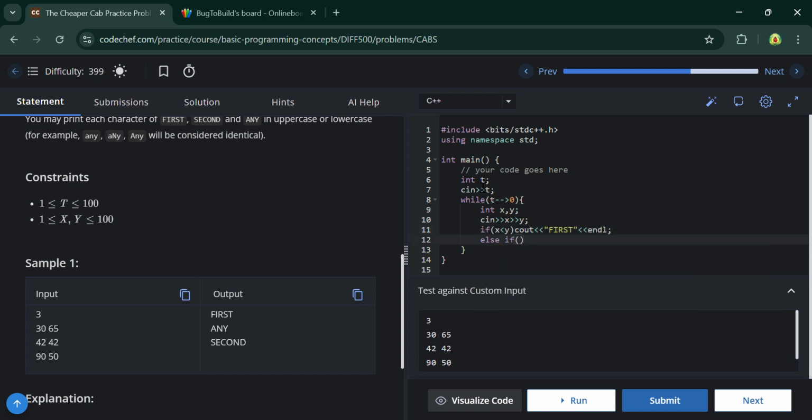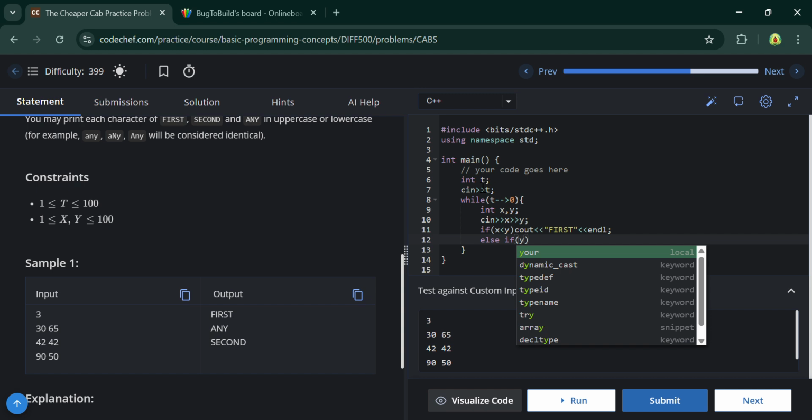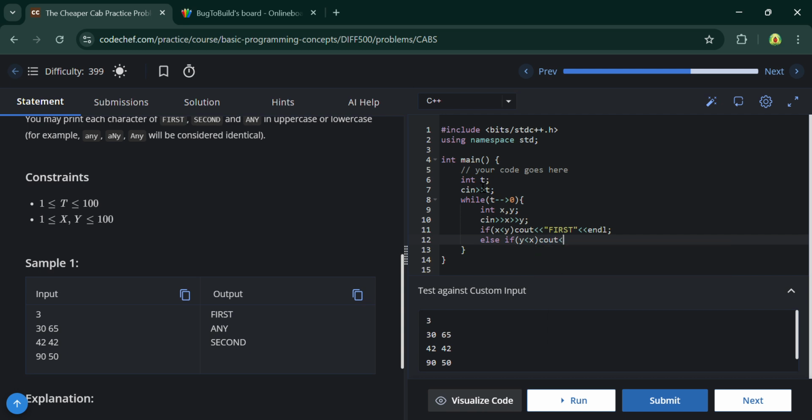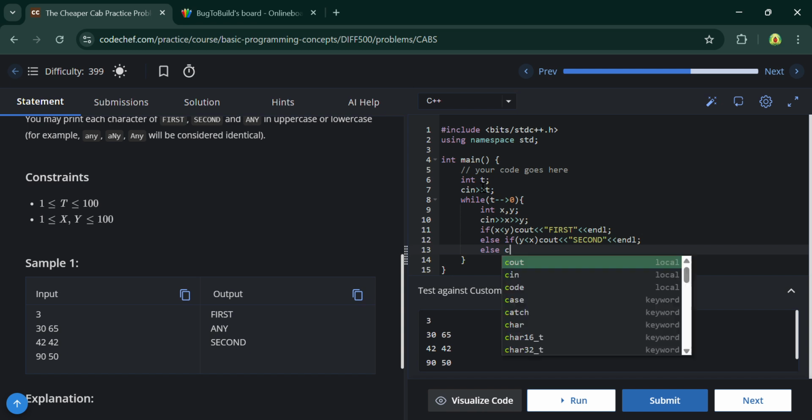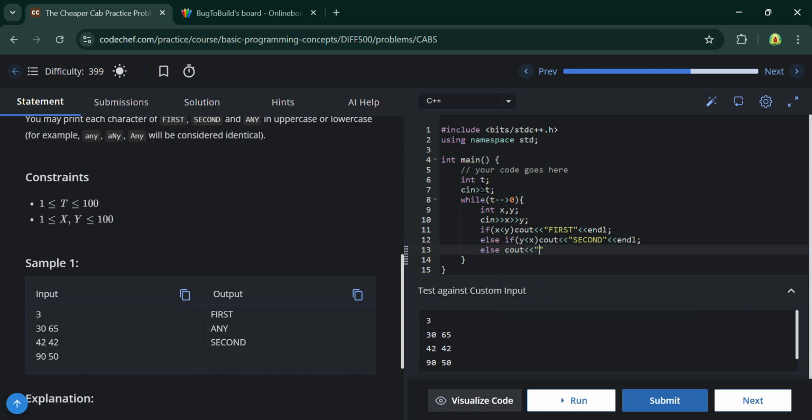Else if y is less than x, then you just have to do cout second. Else you have to do cout any. Okay, so let's run this code.